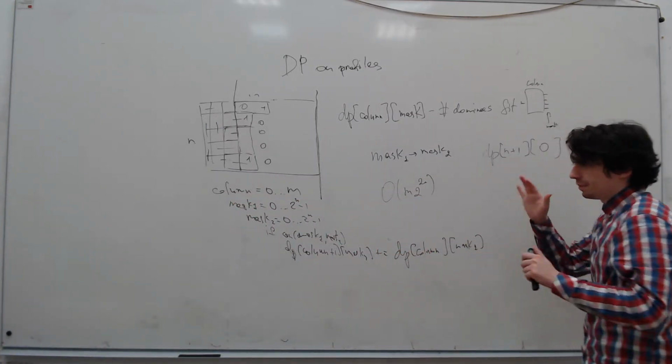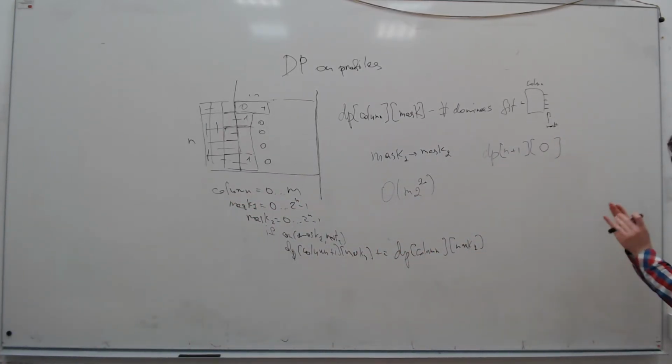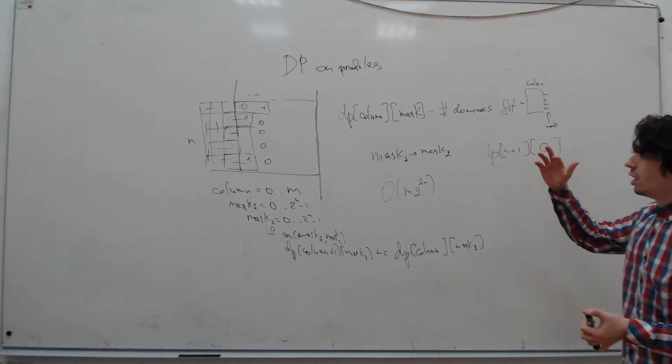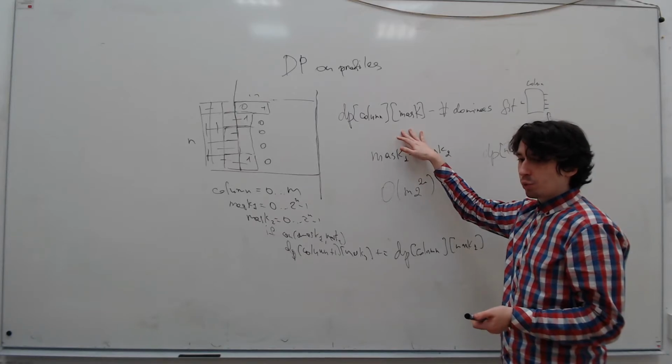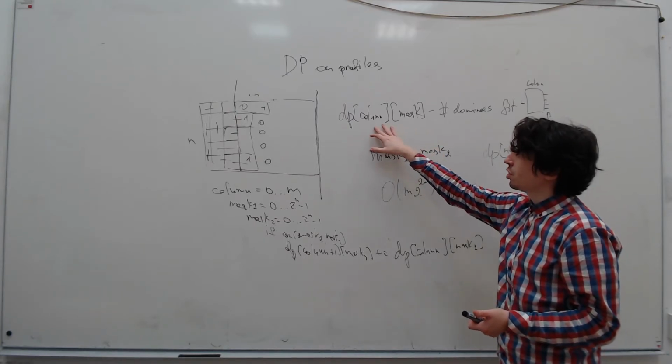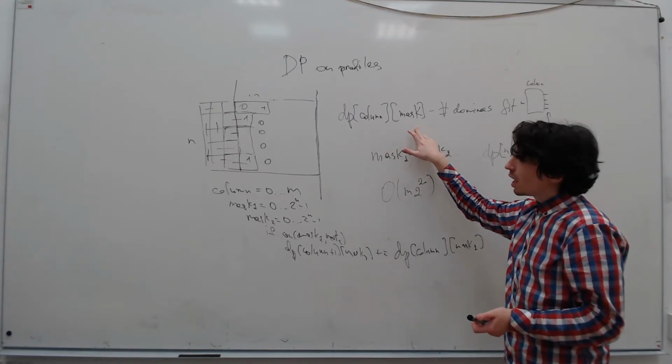Okay, so again, let me try from the start. We will maintain the dynamic programming that will depend on the state as column and mask. What does it mean?